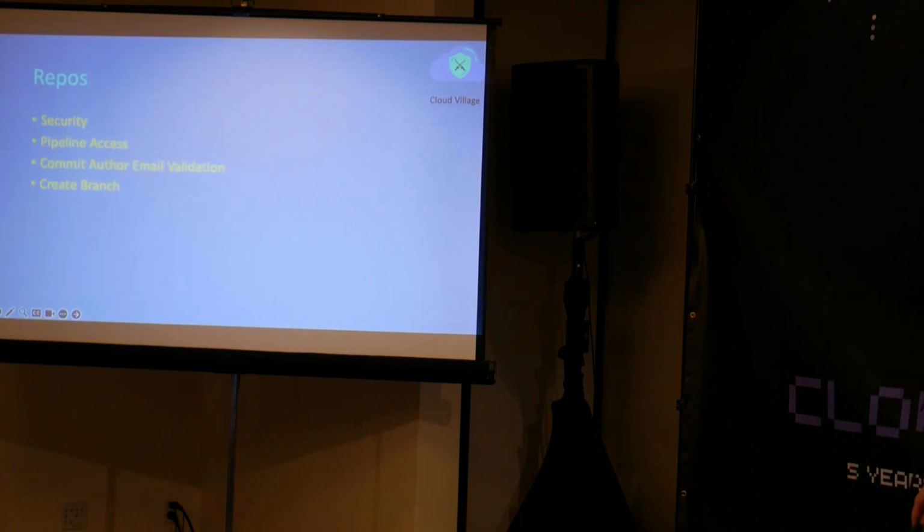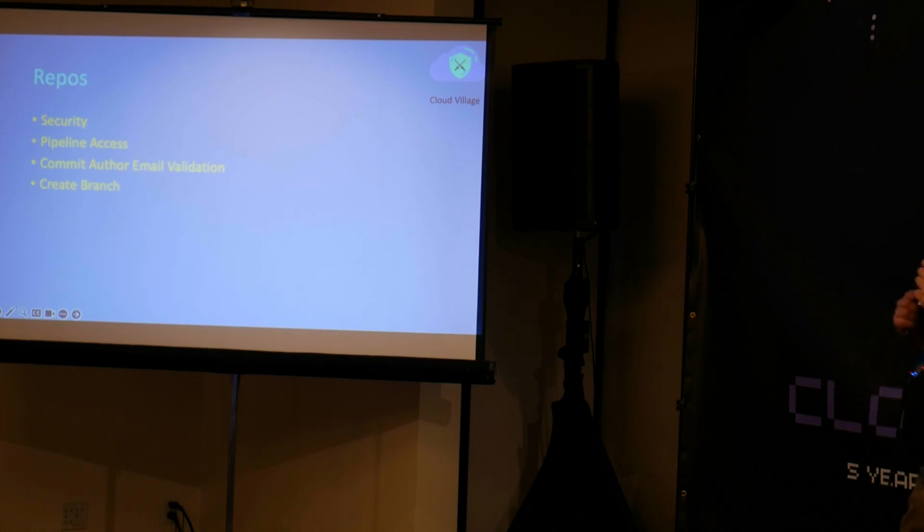Again, we will have the usual security options, and there is something called pipeline access. We want to make sure that only certain pipelines, or just one or two pipelines that we created, are able to access the repository itself.